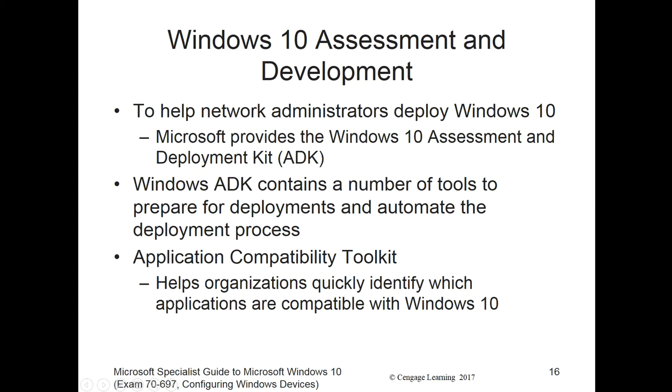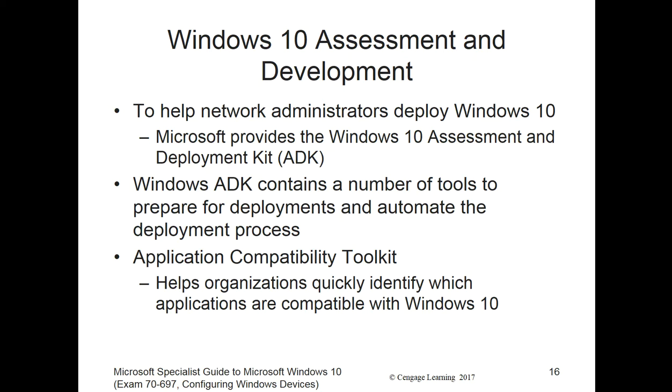Now, the Win 10 Assessment and Deployment Kit, that includes that ADK that we were just talking about. It helps administrators deploy Win 10. Microsoft provides the kit, and it contains a number of tools to prepare for deployments and automate the deployment process so that we can do things without having to stand there and monitor it, and it's not so labor intensive.